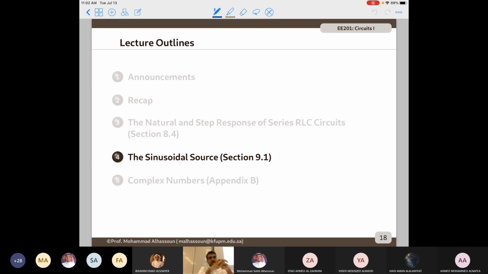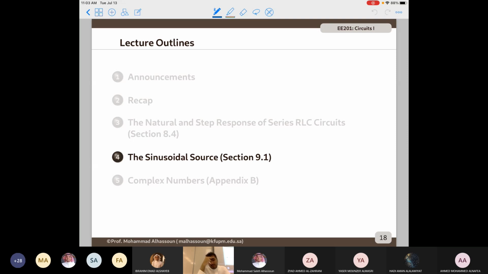Then we said, well, let's now consider two circuit elements and study the temporary behavior of these elements. So we studied the capacitor and the inductor, starting with just one of them, either capacitor or inductor, in a circuit with a resistor.